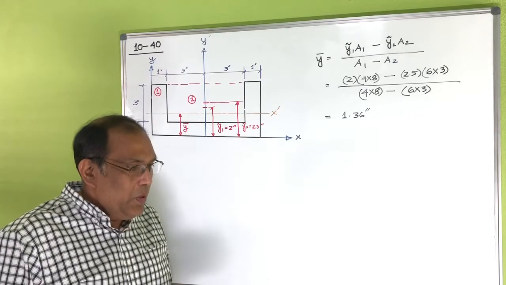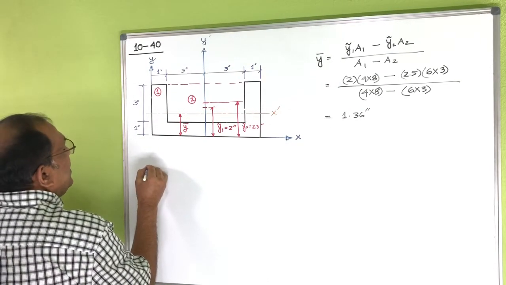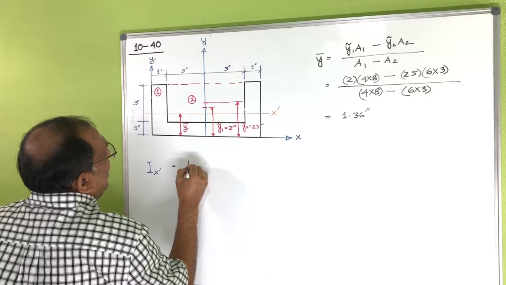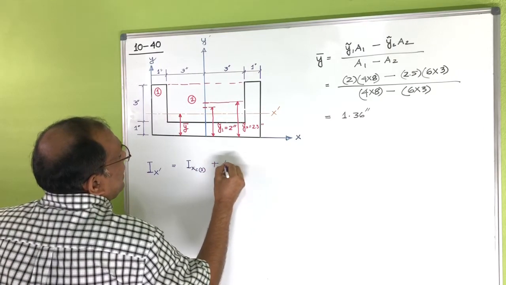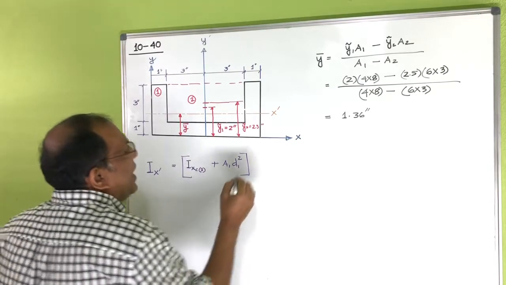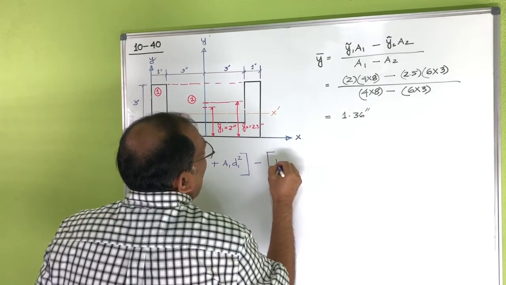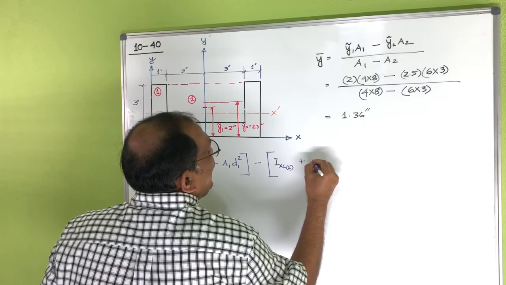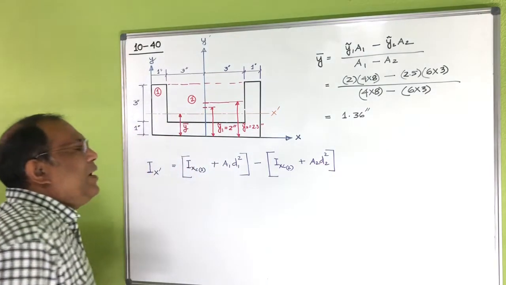Okay, so what we have to do: I x prime is I xc for 1 plus A1 d1 square, plus, actually minus here, I xc for 2 plus A2 d2 square. Now what are d1 and d2?